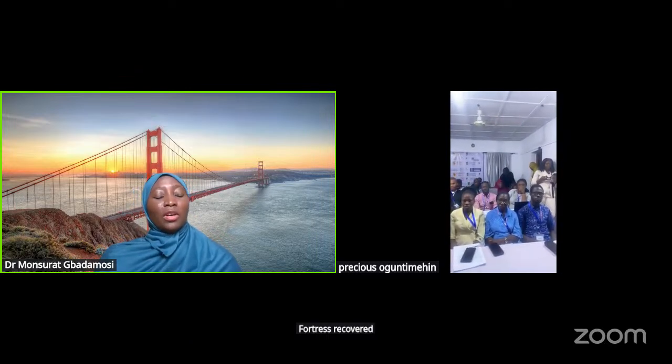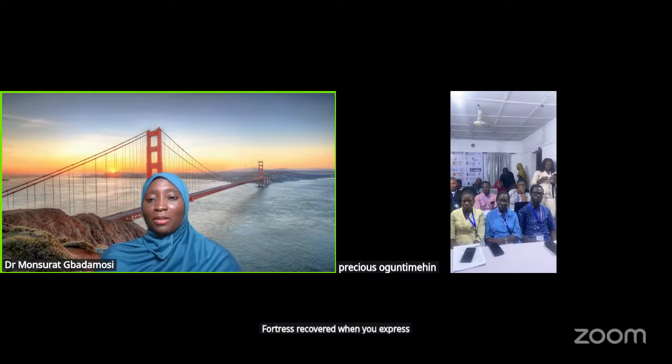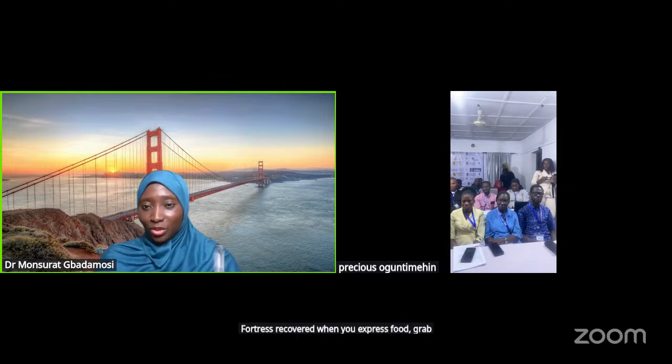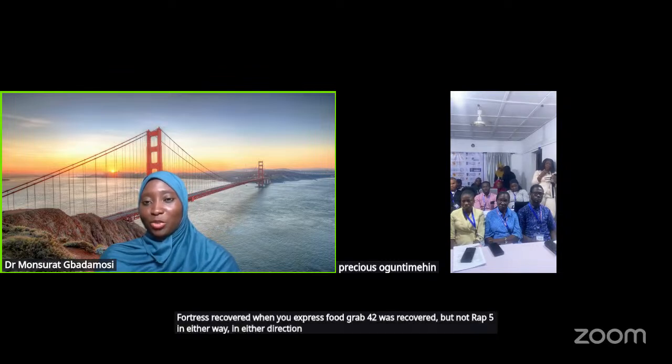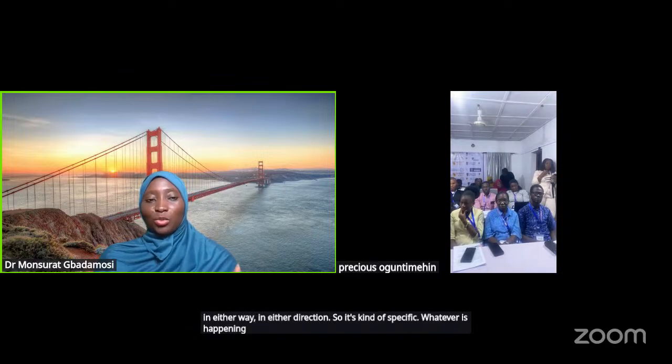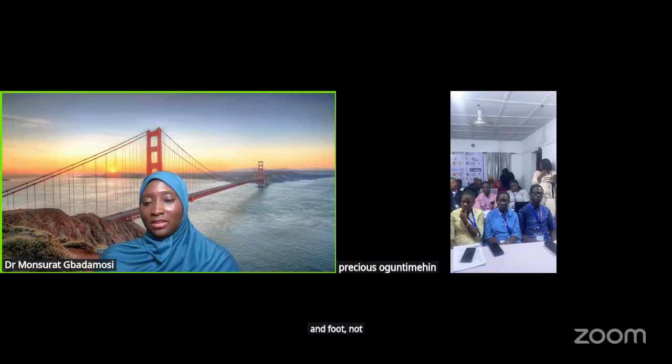When you express Futsch, RAB4 too was recovered, but not RAB5 in either direction. So it's kind of specific. Whatever is happening in there is specific to RAB4 and Futsch, not another GTPase. Okay, thank you so much, ma.